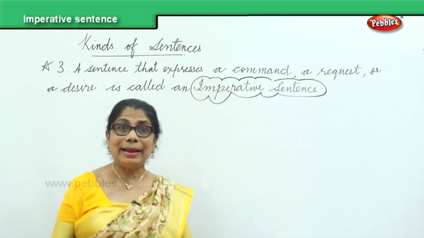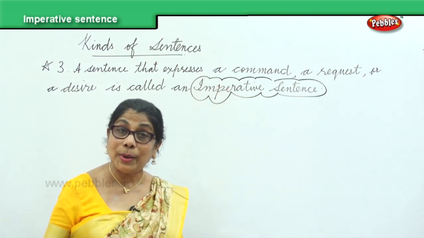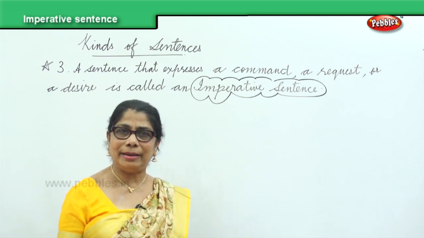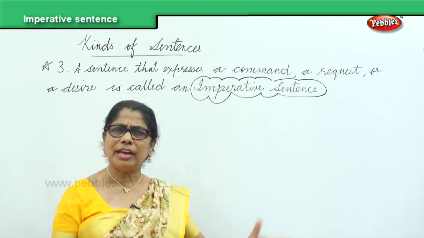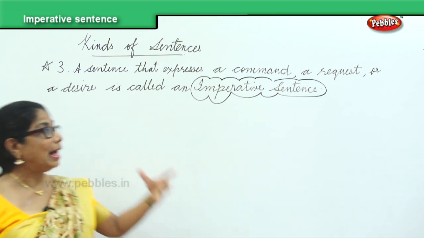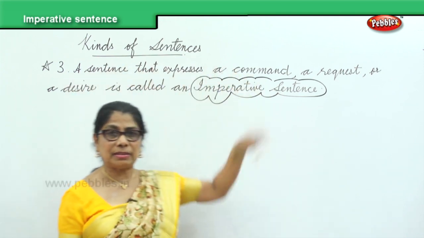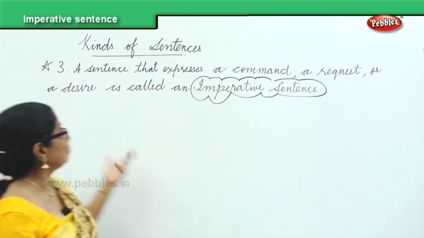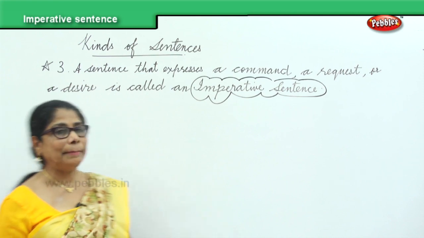What are the first one? Declarative. Second one, interrogative. Now we are doing the imperative. How can you find out an imperative sentence? An imperative sentence expresses a command, a request, a desire, and then you call it an imperative sentence.